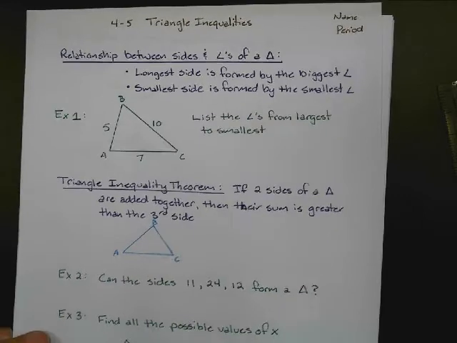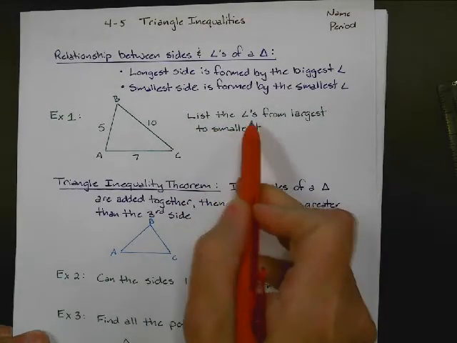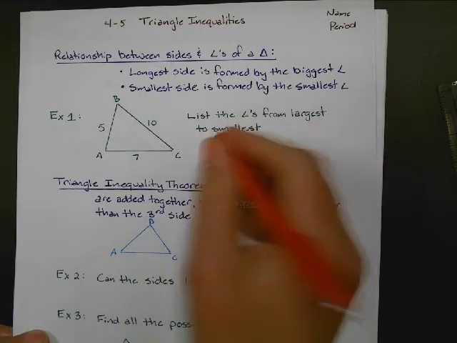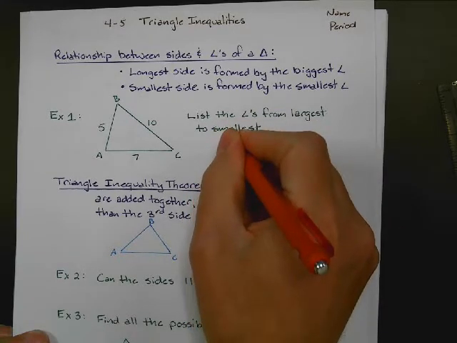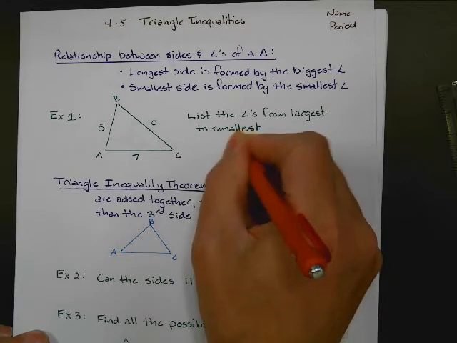So here's what we're going to do. On this one, we want to list the angles from largest to smallest. Well, in order to do that, let's list the sides from largest to smallest. So our largest side, well, I can't spell today.